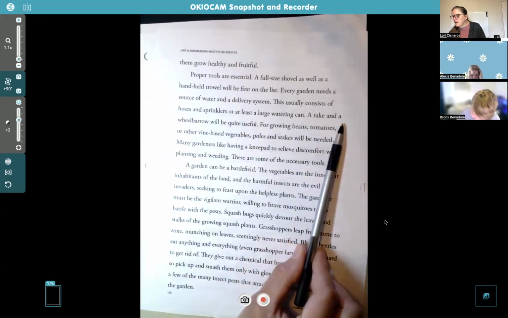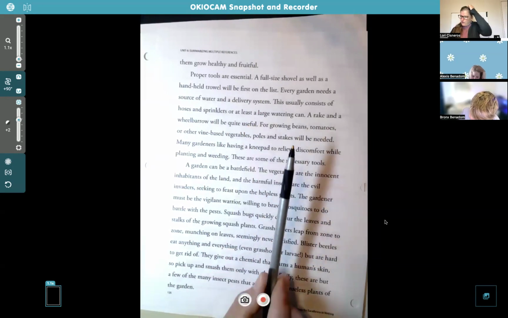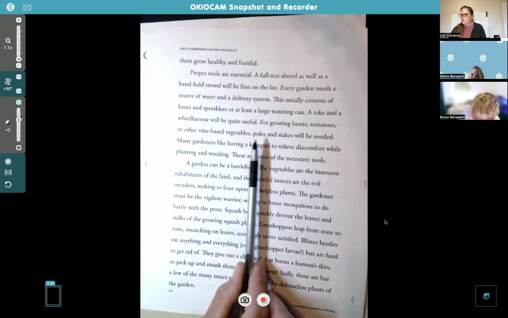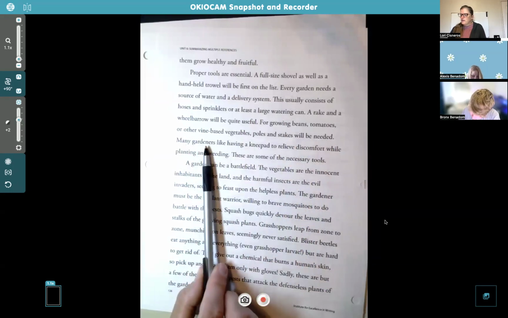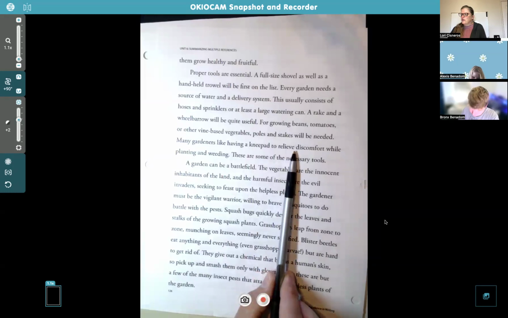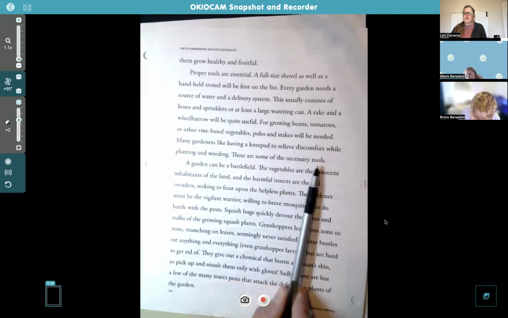A rake and a wheelbarrow will be quite useful. For growing beans, tomatoes, or other vine-based vegetables, poles and stakes will be needed. Many gardeners like having a knee pad to relieve discomfort while planting and weeding. These are some of the necessary tools.